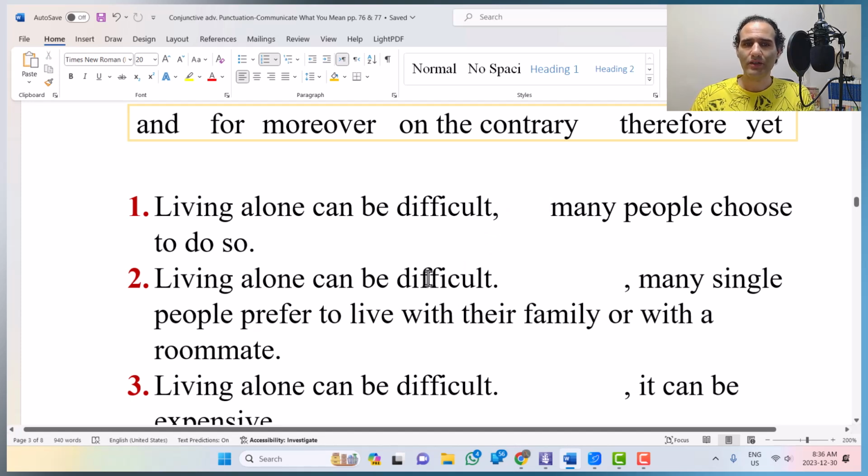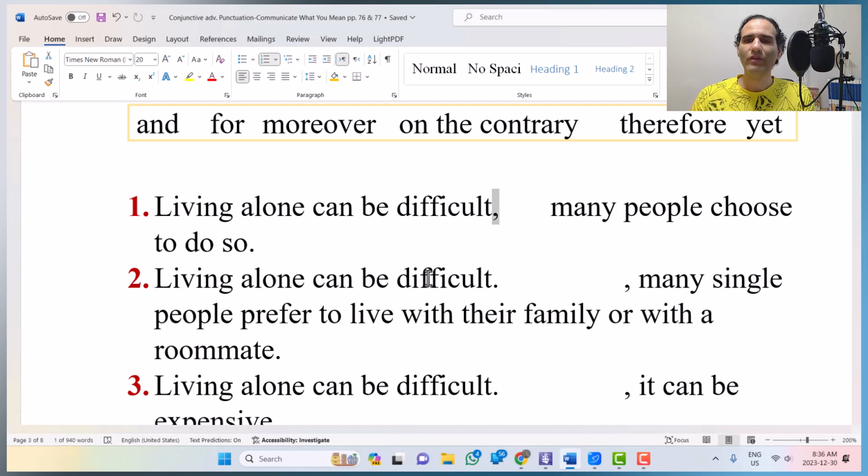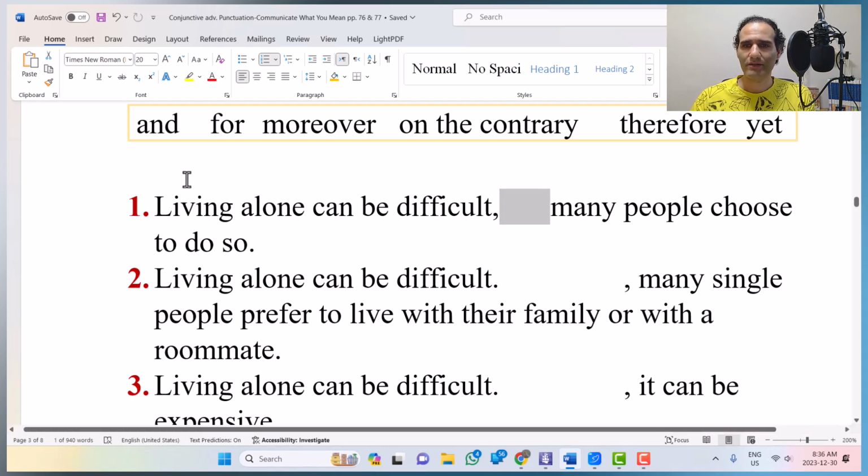With coordinating conjunctions and, but, for, or, nor, so, yet, we need the comma before when they are connecting two independent clauses. Independent clause 1, independent clause 2. So we need a comma before a fanboy, a coordinating conjunction. So surely the answer will be yet.